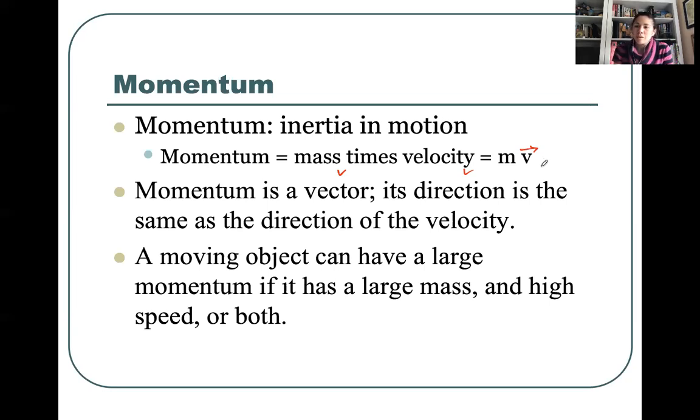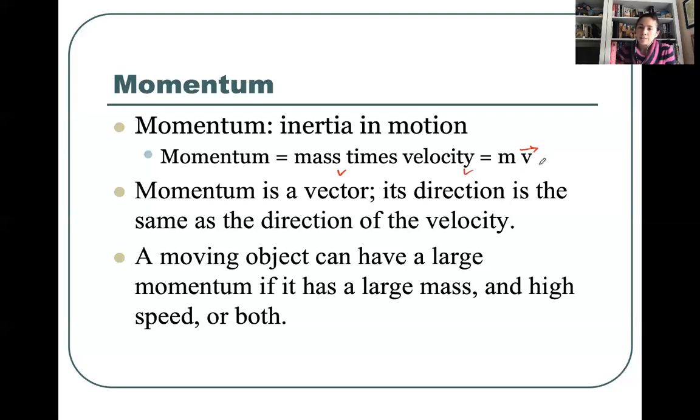In terms of the direction of this momentum, you can see that it's actually going to be exactly the same direction as the velocity vector, because we take the velocity vector, multiply it by a scalar quantity, which is the mass, but that mass is always going to be positive. So we know that the momentum is always going to point in the same direction as the velocity.